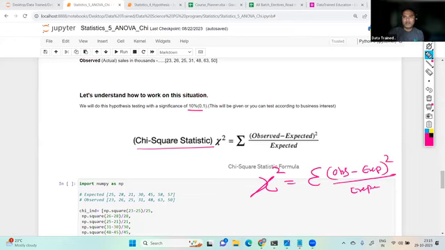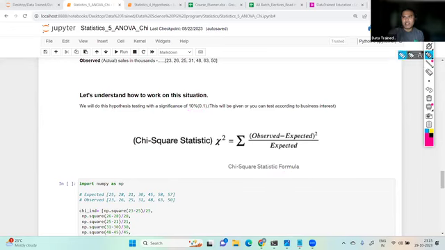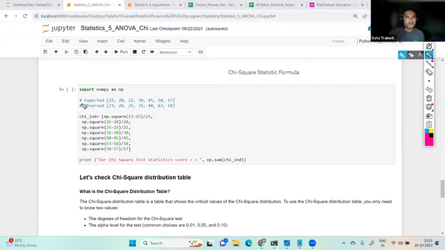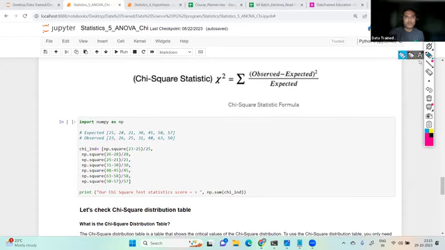So I will take whatever data I have here, expected and observed, and apply this formula. What is the formula? Observed minus expected, divided by expected, and this is a whole square.